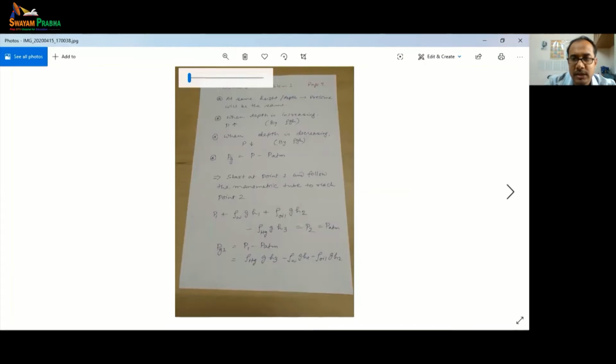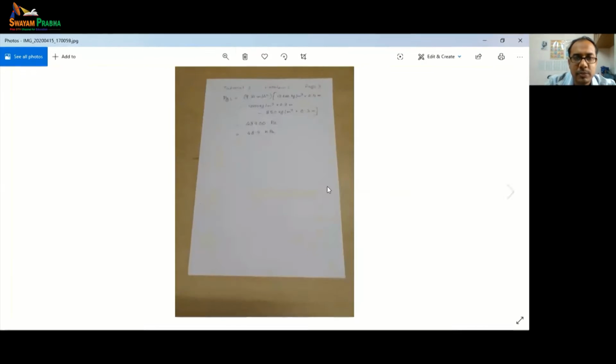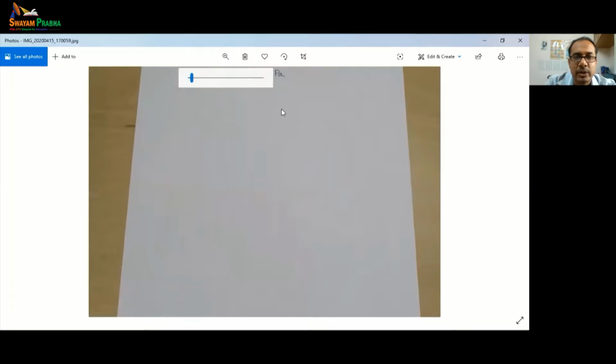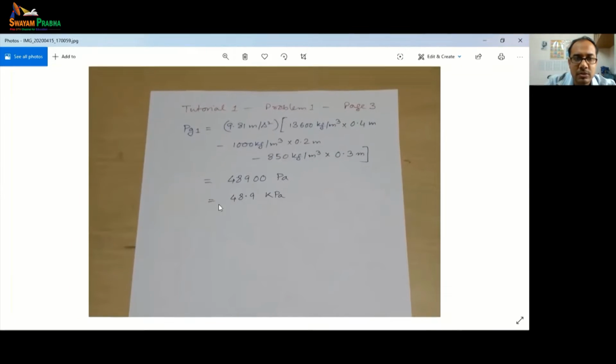So now it's a simple numerical manipulation where we put all these values. We can take the acceleration due to gravity out, because that's the common term. That's 9.81 meter per second square. And now we write all the rho h terms.